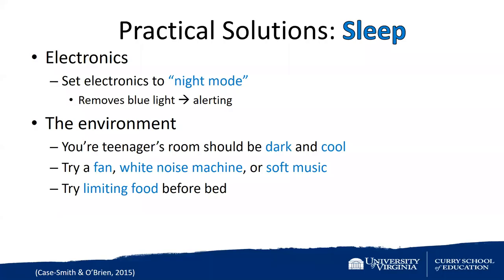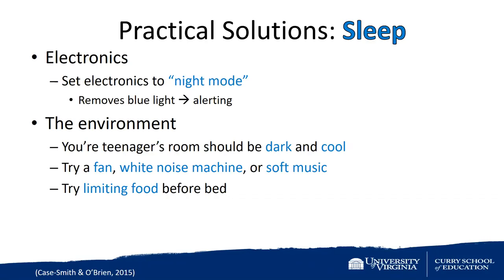In terms of the sleep environment, your teenager's room should be kept dark, and it should actually be kept cool, a little bit cooler than is probably comfortable during the day. The body sleeps best and is able to move into REM sleep best when people in general are a little bit cooler.